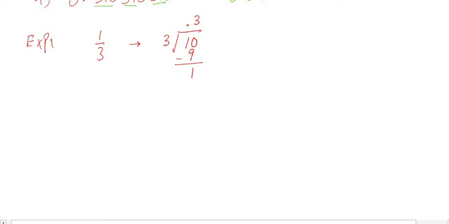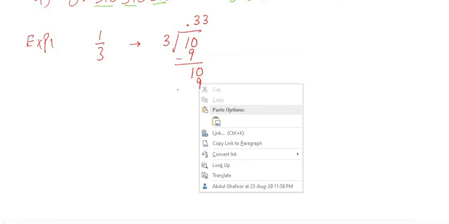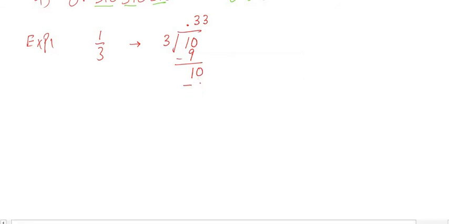So again 1 is smaller than 3, so we put 0 here. Then we multiply by the number which gives 10 or less than 10. Again that is 3. So 3 times 3 gives you 9, and you subtract it. Then again 1. Oh, again it's 1. So we observe that every time the number is repeating.